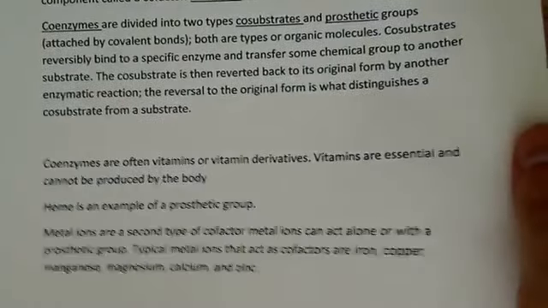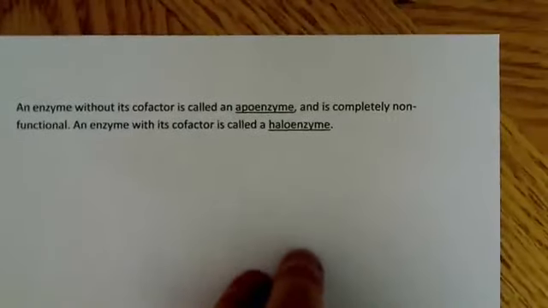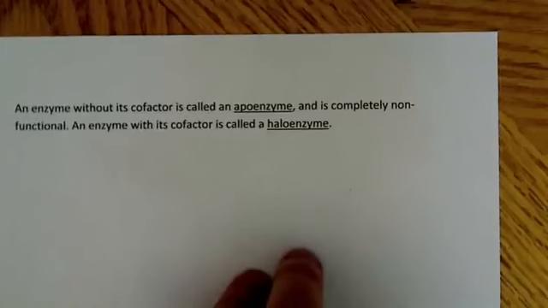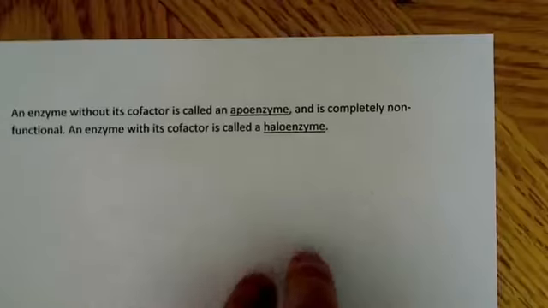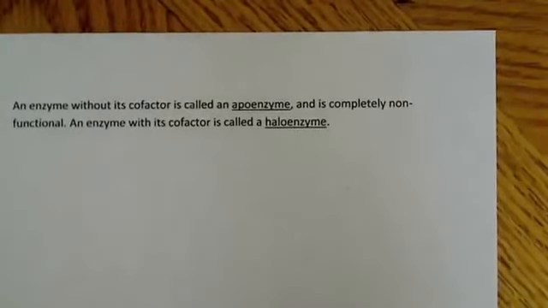With hemoglobin, the heme group stays in the Fe2+ state, though. And the last little bit here is that an enzyme without its cofactor is known as an apoenzyme and is completely non-functional, and an enzyme with its cofactor is called a holoenzyme.